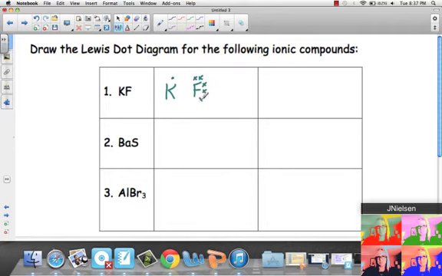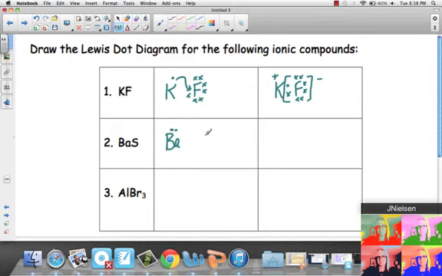K is plus. F has got 7. And there's KF. Let's do Ba.